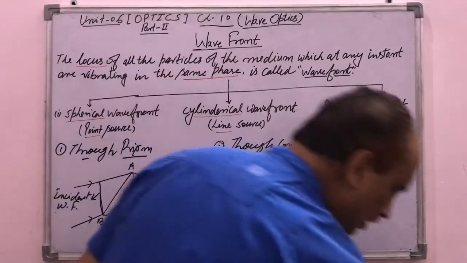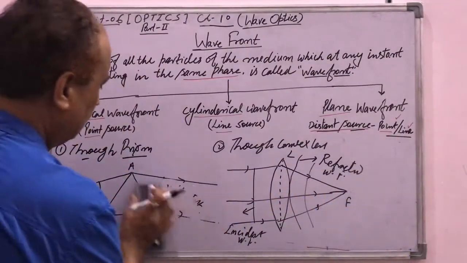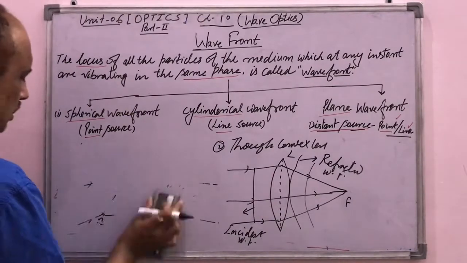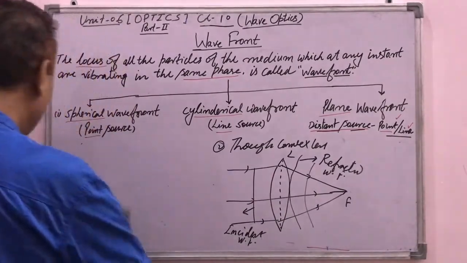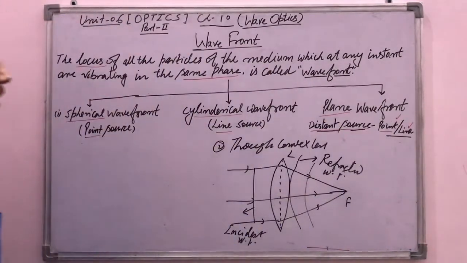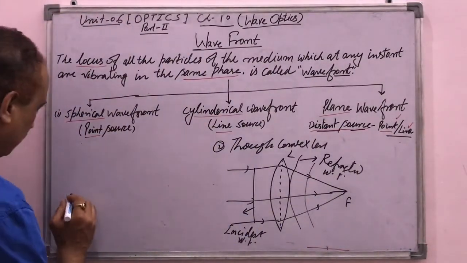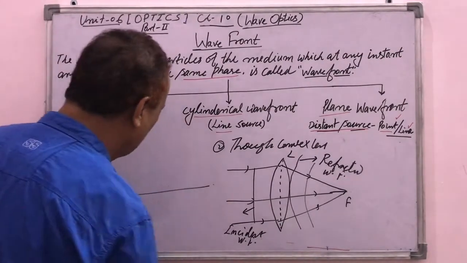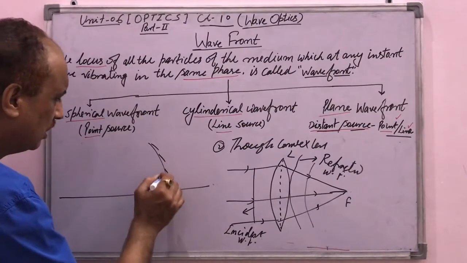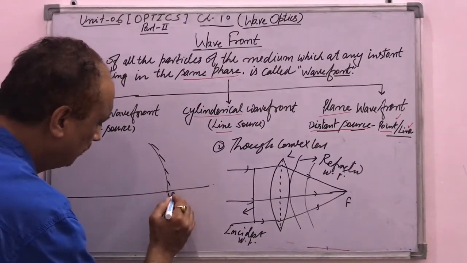And next, the third part is when the rays are incident on the concave mirror. What will be the nature of the wavefront? In that case, again we have to draw a principal axis and a concave mirror. It's a concave mirror, and this is the pole of the mirror.